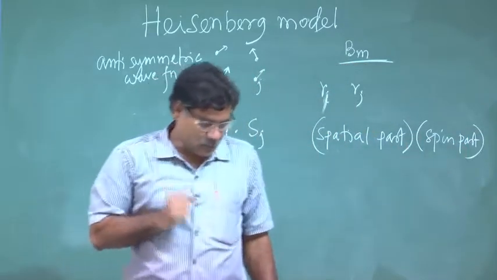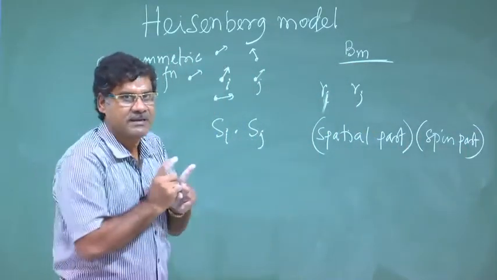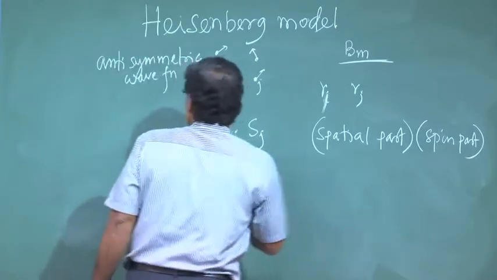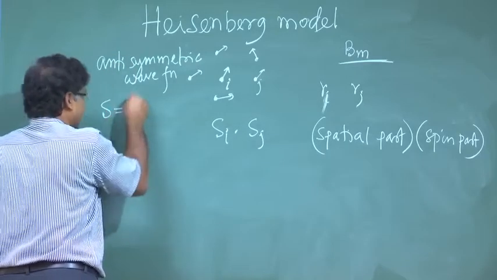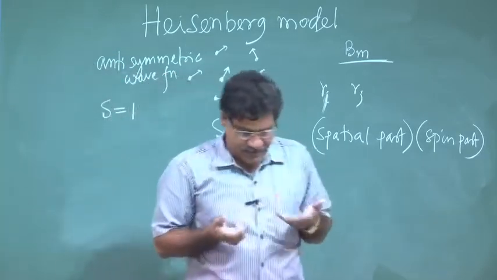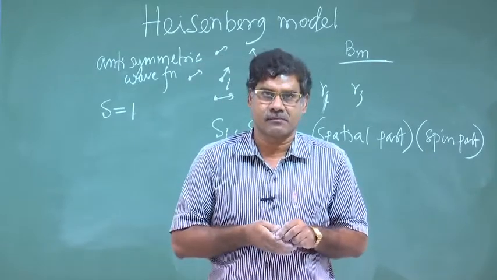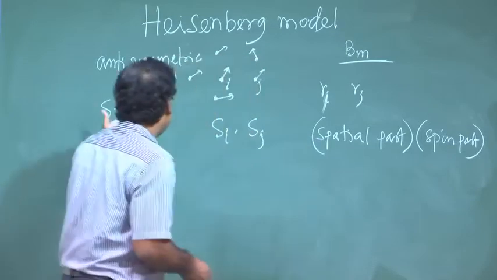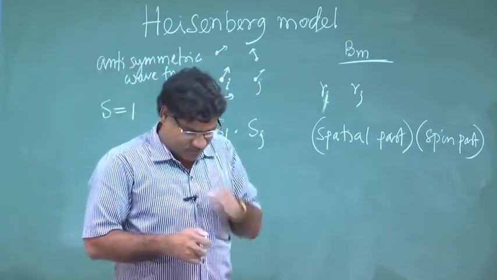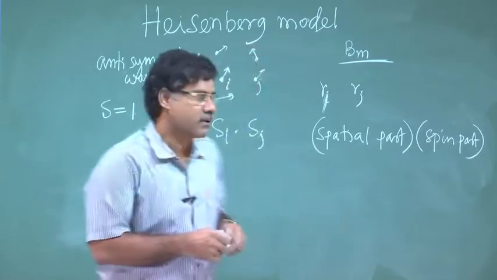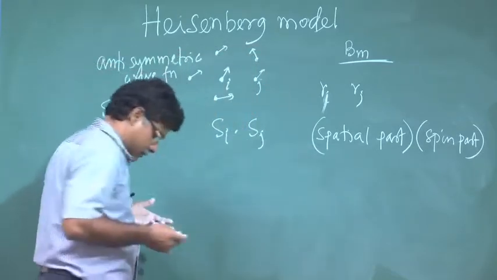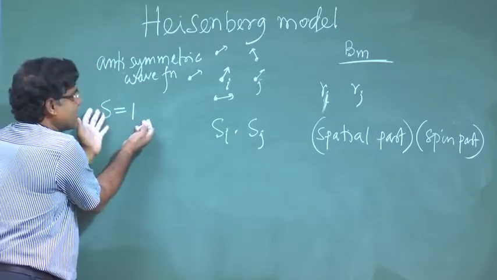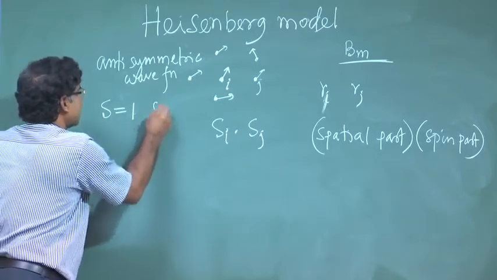Two spins, if they are parallel, you will get S equal to 1, which basically gives the triplet state. I do not know whether you are quite familiar with quantum mechanics or not, but just believe me: for the triplet state, the spin part wave function is symmetric.